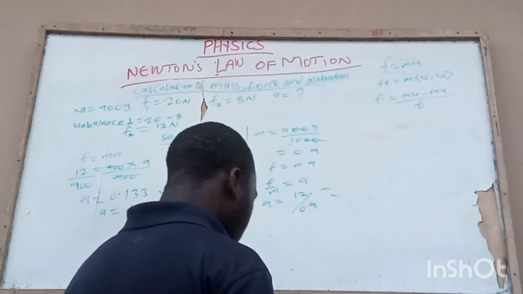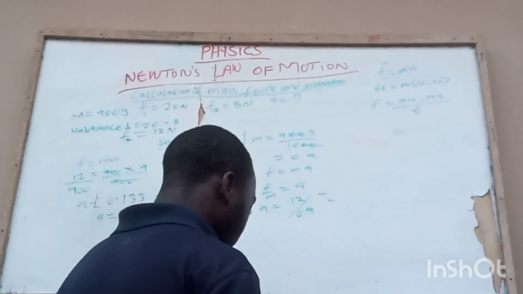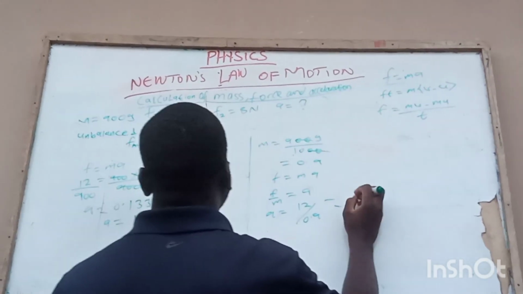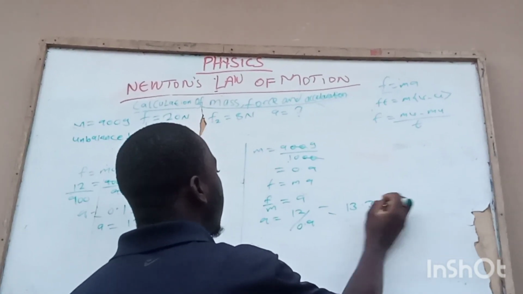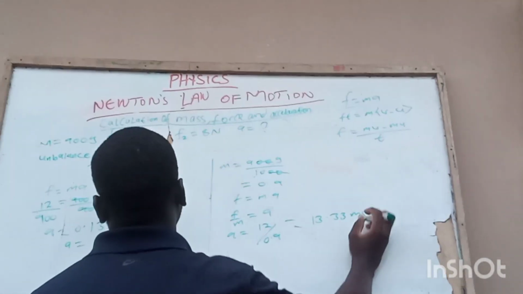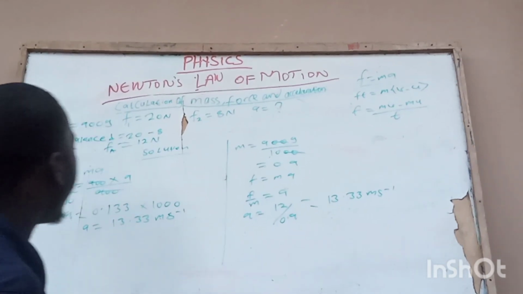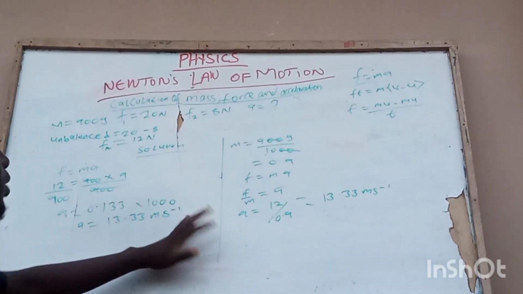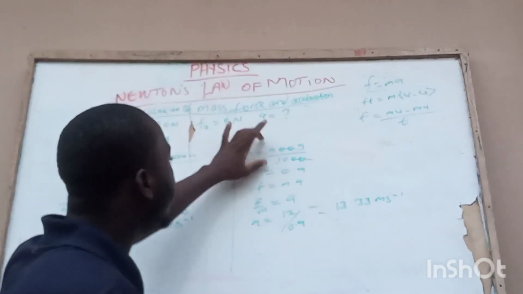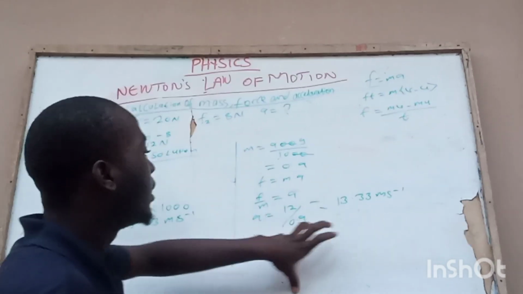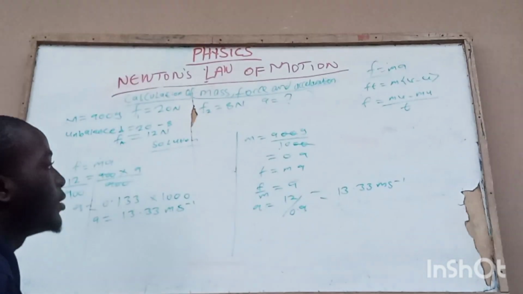This will give us 13.33 meter per seconds. You can solve everything first, then multiply by 1000, or you can divide your mass by 1000 first and then solve it directly, whichever you wish.